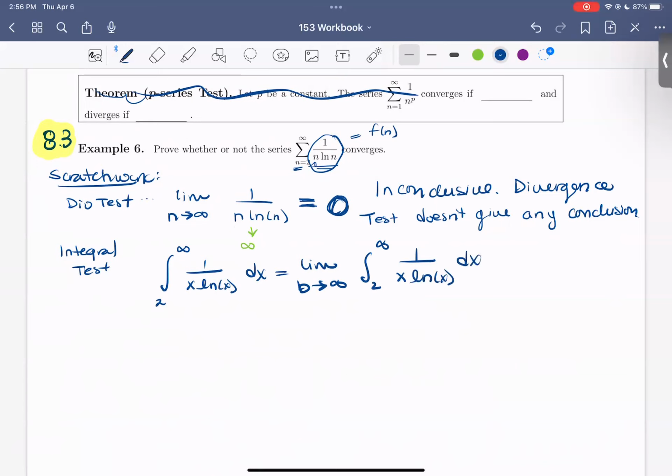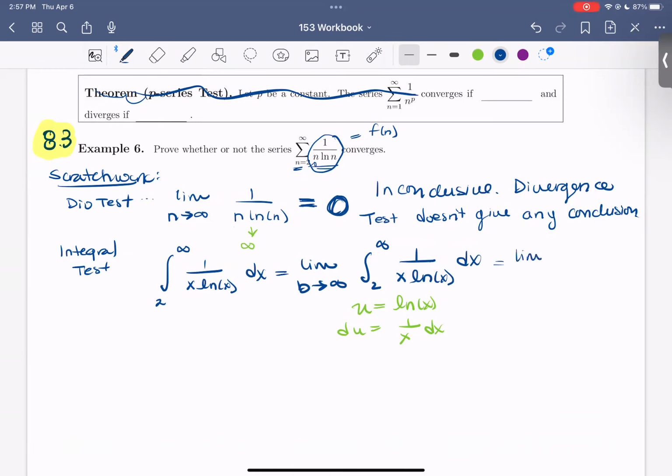Okay, so we need to compute this integral. We need to dig deep back into our Math 152 or Calc 2 thoughts, where we computed improper integrals or integrals in general. We'll see here that a u substitution is what we want to do. If we let u equal ln of x, then du nicely works out to be 1 over x dx. So we can make that substitution.